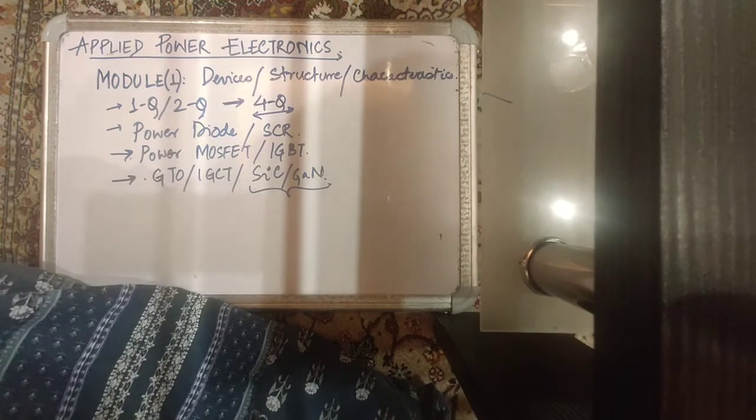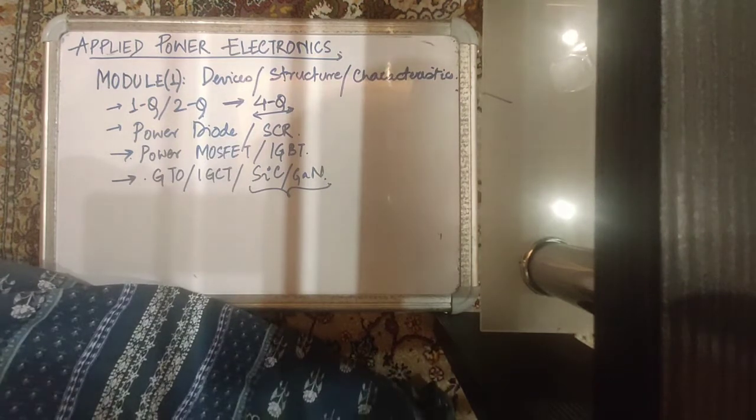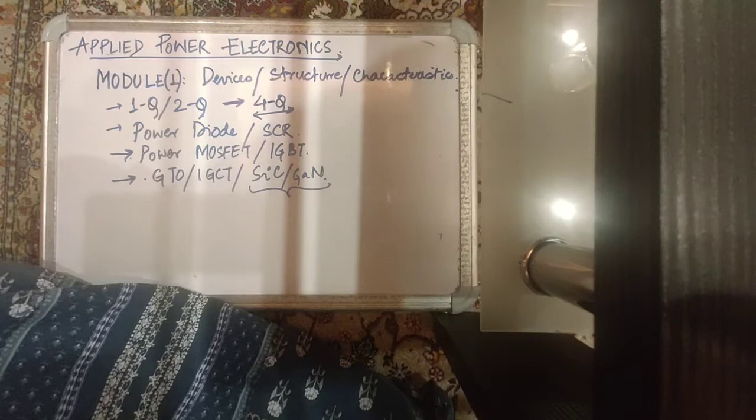Now, before we move on to the next module, I would like to tell you that Module 1 is only an introductory module, because device structure, characteristics and device physics are not as essential from the point of view of applied power electronics especially, because later on when we do converter circuits, we essentially treat devices as switches.